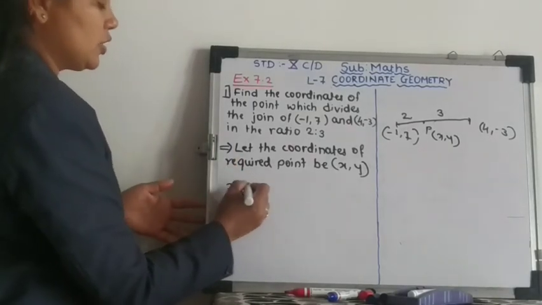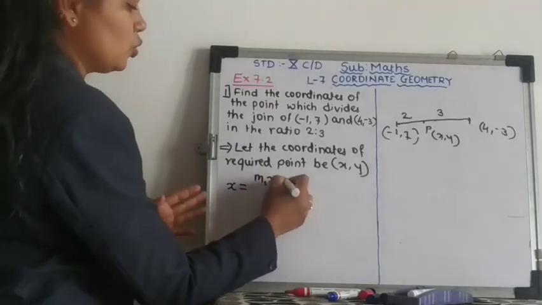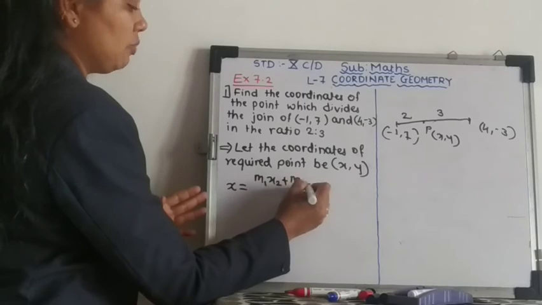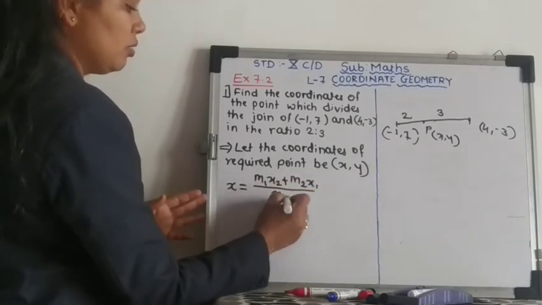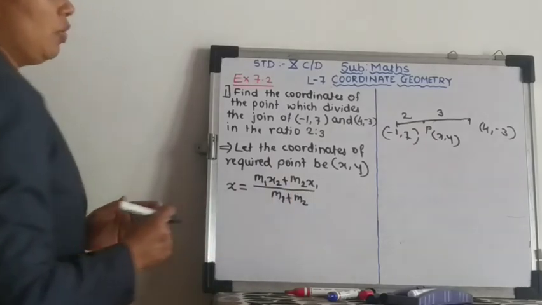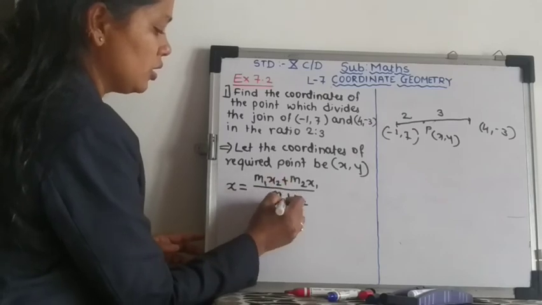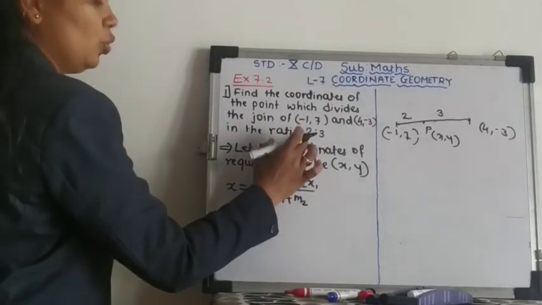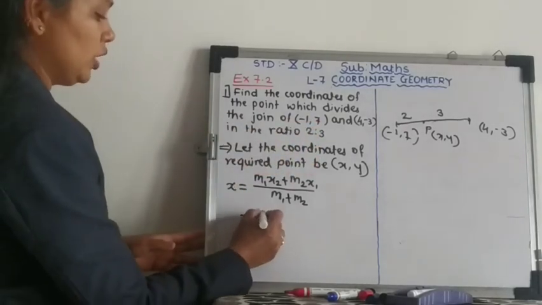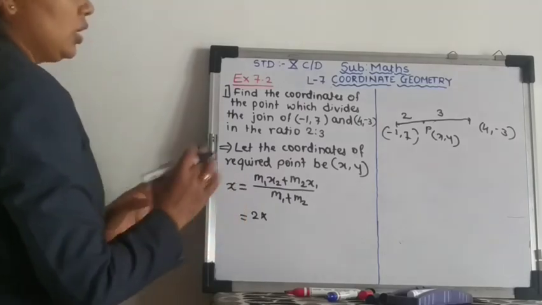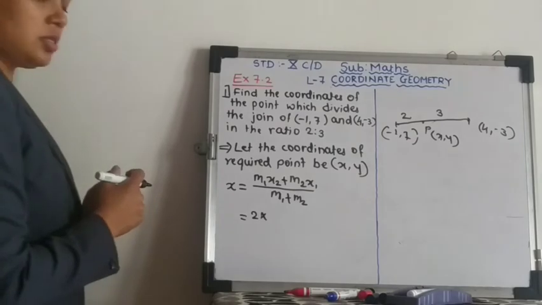Right now only we have seen that section formula. So x is equal to m1 x2 plus m2 x1 upon m1 plus m2. Now what is your m1 and what is your m2 over here? Yes, your m1 is 2 and m2 is 3. This is the ratio, right? So we have 2 into your x2, which is 4, and x1 is minus 1.